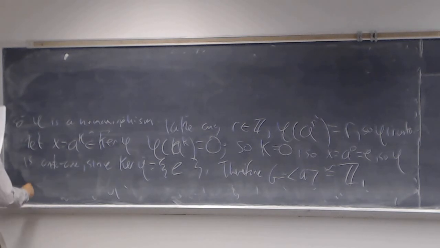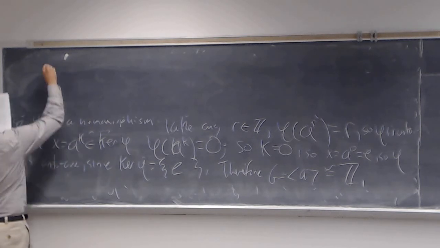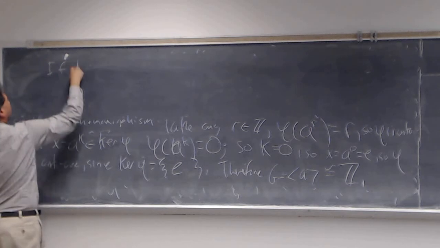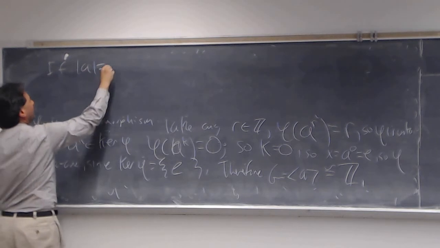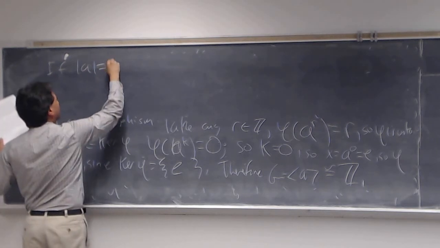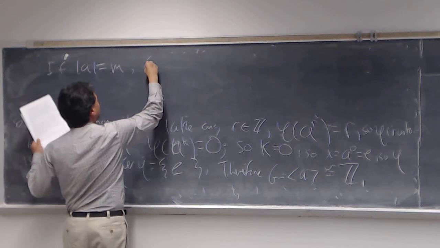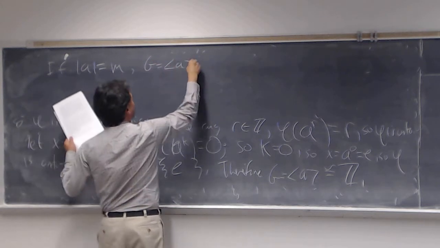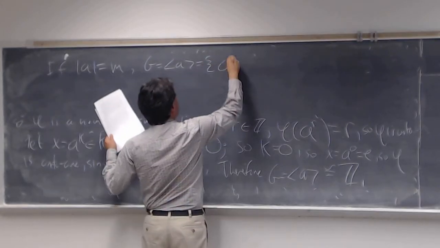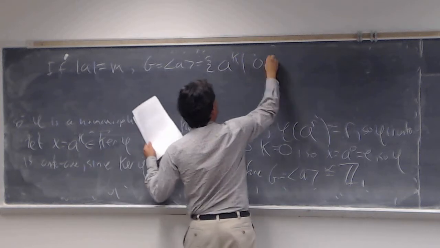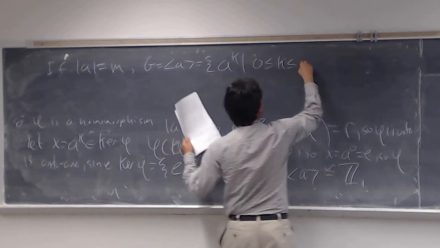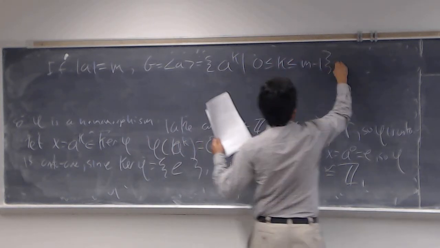So let's look at this. Recall that if the order of A equals M, then G, which is the cyclic group generated by A, is just A to the K, but now we can pick K between 0 and M minus 1.